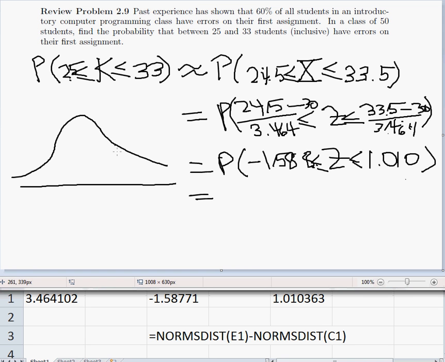I want the area to the left of 1.01, so that's all of this. But I will subtract off, in red, the area to the left of negative 1.588. So all the black stuff minus the red stuff will leave me the area in the middle between negative 1.588 and 1.01.